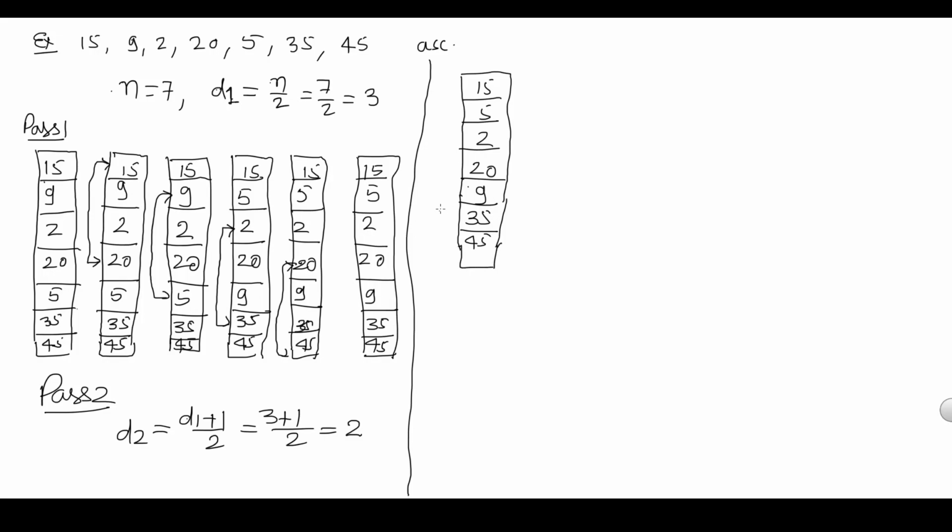Pass 2 has started. So this time we will compare the first value with the value which is 2 distance apart. So we will compare 15 with 2. 15 is greater than 2, so we will swap these values.